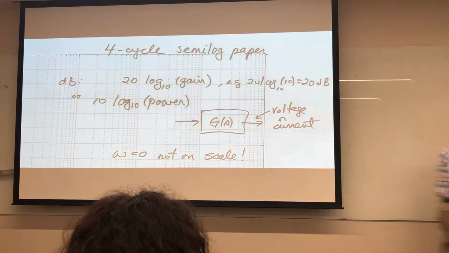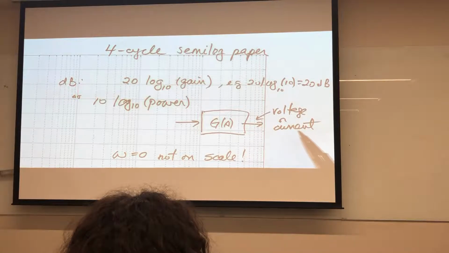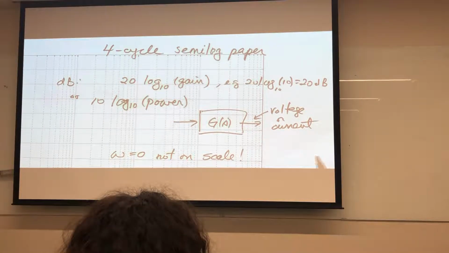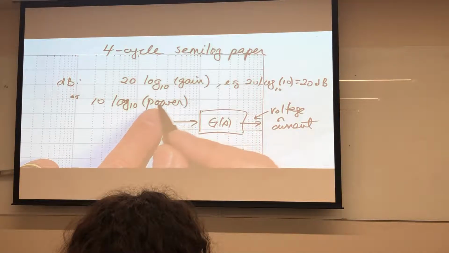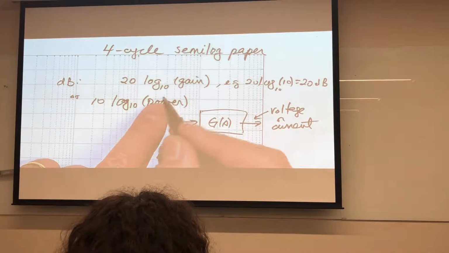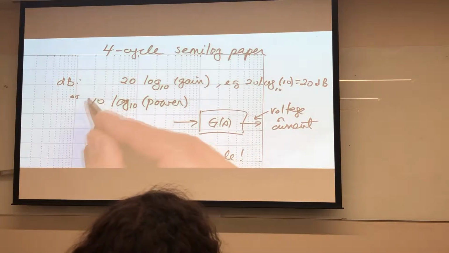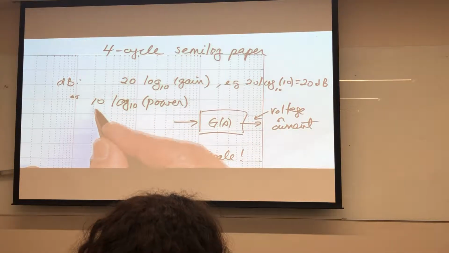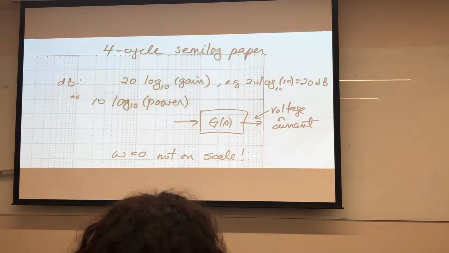Does anybody remember the relationship between voltage and power? V squared, right? And so if power is squared, then this would be like voltage squared, and then you may remember the log characteristic. The square comes out, and the 2 comes out, and then this becomes a 20. And so these two are equivalent.